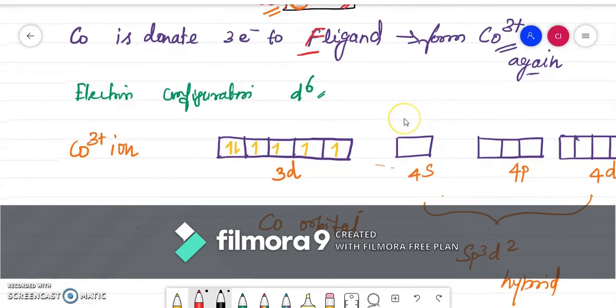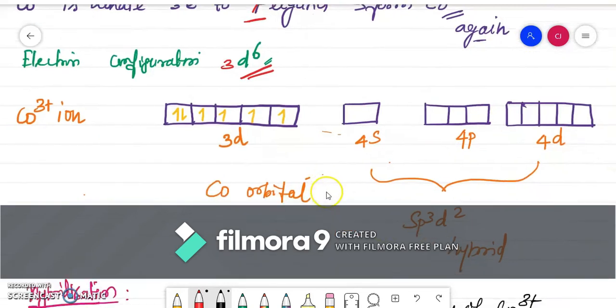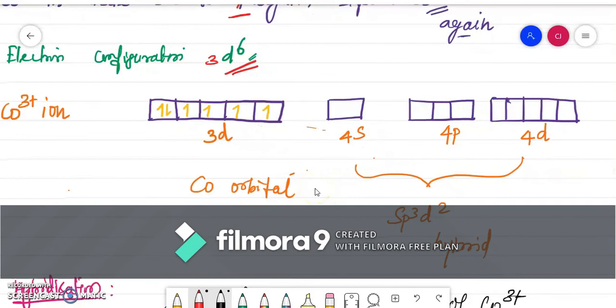So what is the electronic configuration you will get? Again you will get d6, that means a 3d6 configuration. So again, how will you fill the 3d orbitals? See here, 1 2 3 4 5, again this will come here.